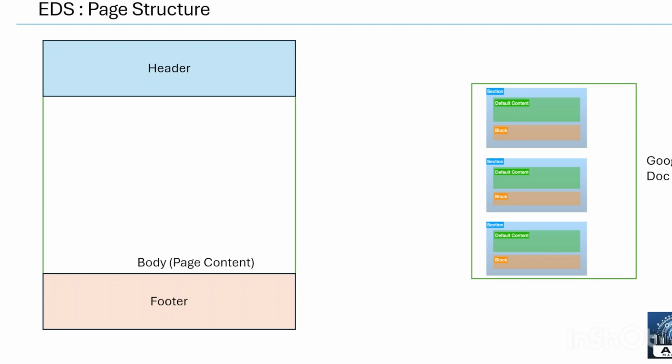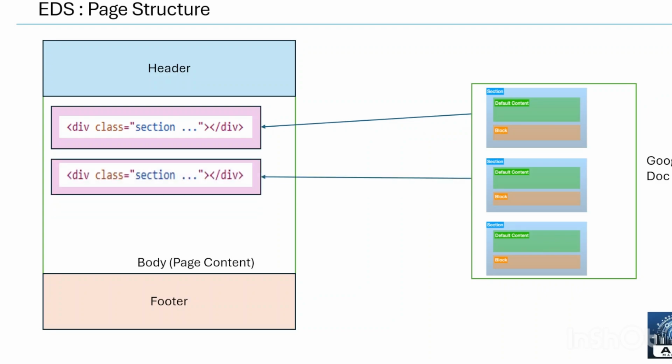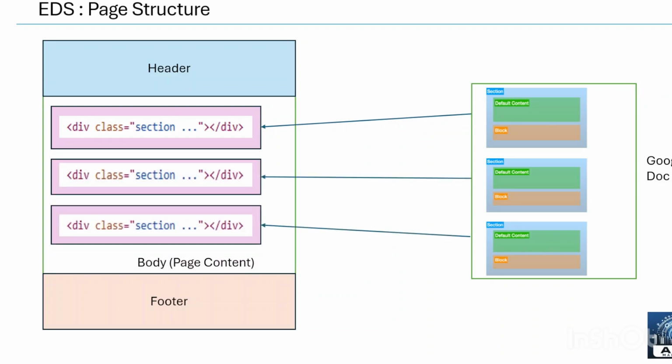And each of these sections is rendered as a separate div, or you can say a separate section inside your HTML page. And these sections can contain, on a high level, default content or blocks.